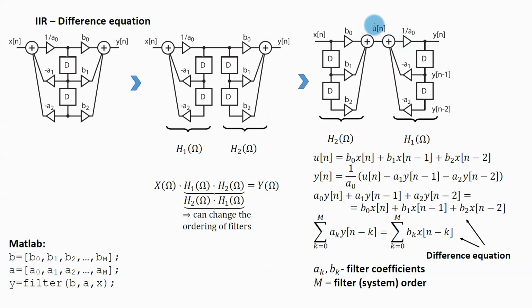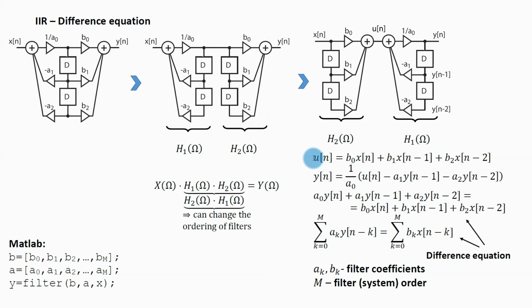Well, this u of n, that goes here, then I have minus a1 times y of n delayed by 1, that goes here, and minus a2 times y of n delayed by 2, that goes here. So the difference equation for the second filter is this. Now, if you combine these two equations, you can compute your filter. In this form, you would write these equations into a computer, and this is the form that is used, for example, in MATLAB.